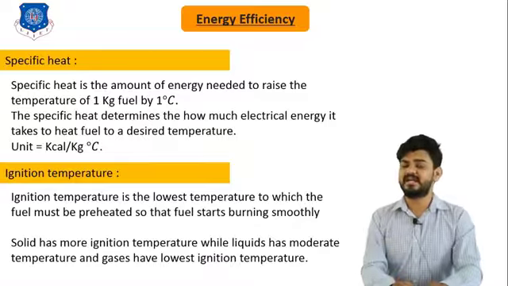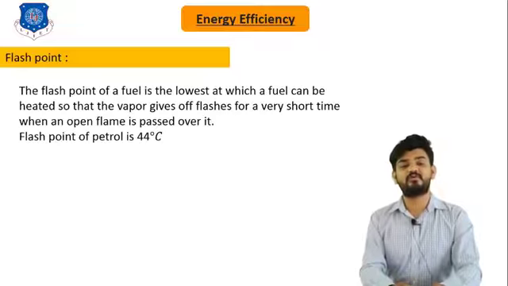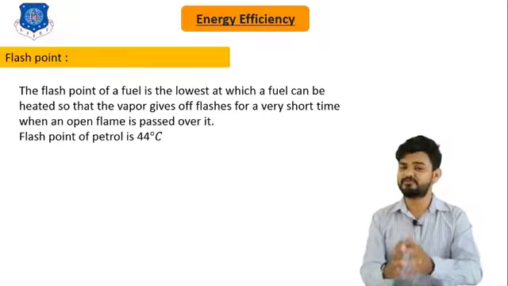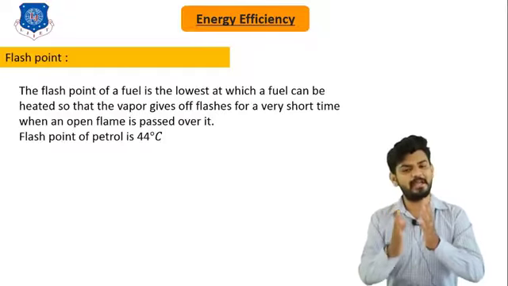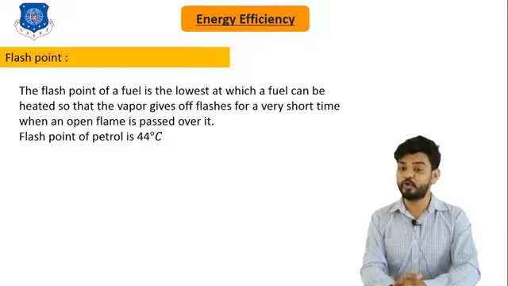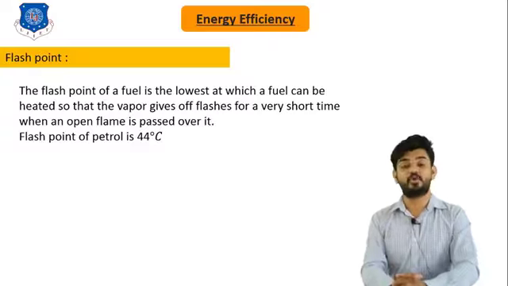Now let's understand the next property of fuel, and that is flash point. The flash point of a fuel is the lowest temperature at which a fuel can be heated so that the vapor gives off a flash for a very small time when an open flame is passed over it.